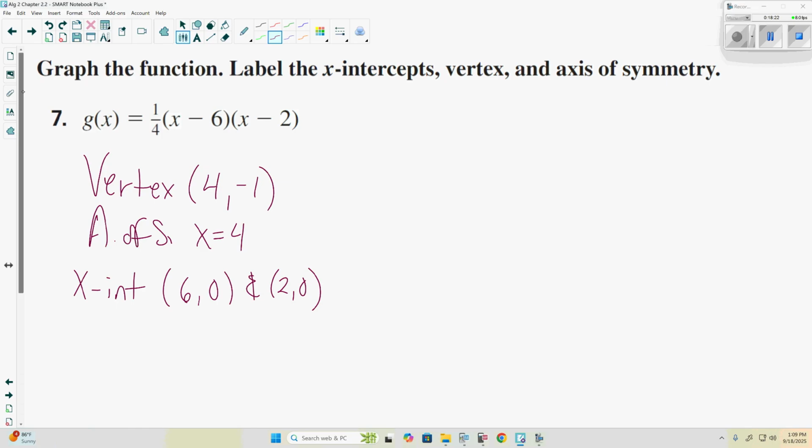Problems 1 through 4: find the vertex and axis of symmetry. 5 through 8: use the axis of symmetry to match the equation to its graph, A, B, C, D. 9 through 12: find the vertex and axis of symmetry. 13 through 15: find the vertex, axis of symmetry, and the x-intercepts. And that's it.